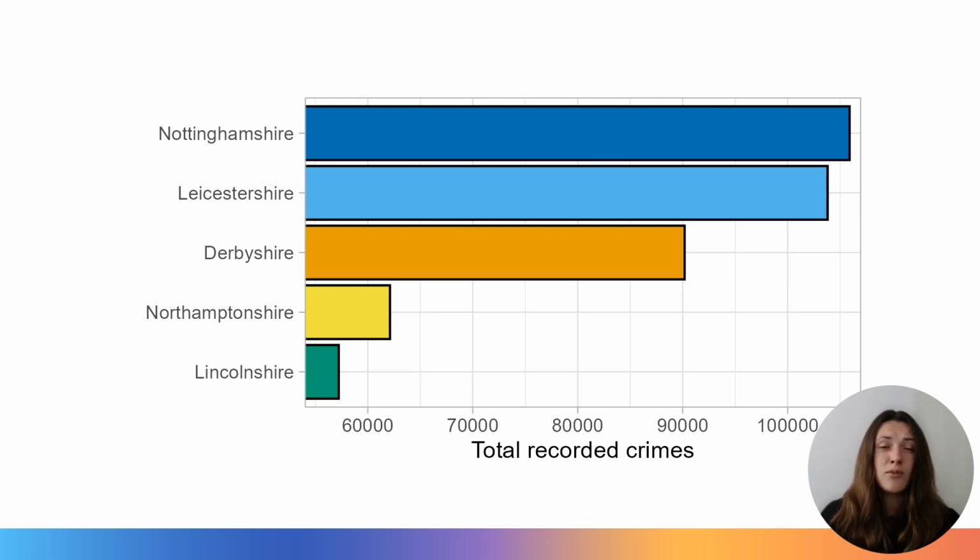This is the same information as the previous slide, but because we've changed the axes, it now exaggerates the differences in the amount of recorded crimes between the areas with the lowest and the highest. It makes the amount of crime in Lincolnshire and Northamptonshire look far smaller than they actually were, and it looks like the differences between those and, say, Nottinghamshire was much larger than it actually was.